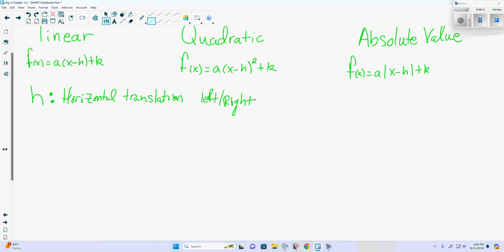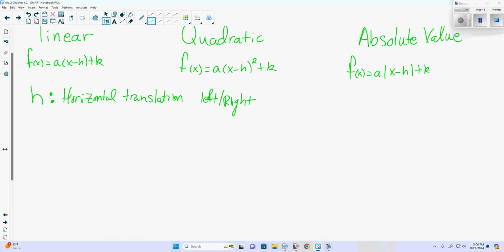Normally I would put left, right, and just draw an arrow to H and write it on all three. But I think that ends up getting to be a lot of written stuff around each of these three equations. So I'm just going to write it out underneath. I think it might be a little bit neater and look a little bit nicer if we just have them down below instead of drawing all three.